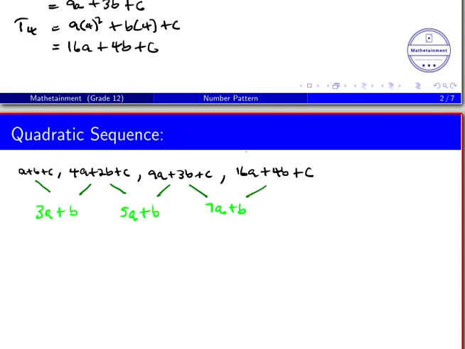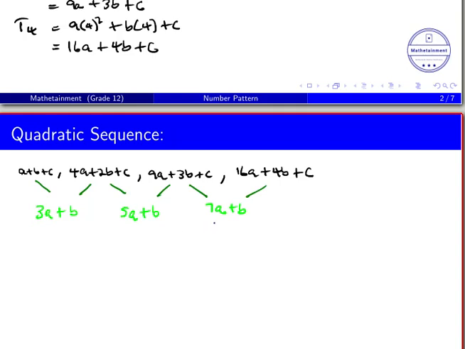So here you see that there's nothing common in my first difference, meaning I have to continue with my working. I just got another sequence that requires me to work on it in order to find something that might be common.